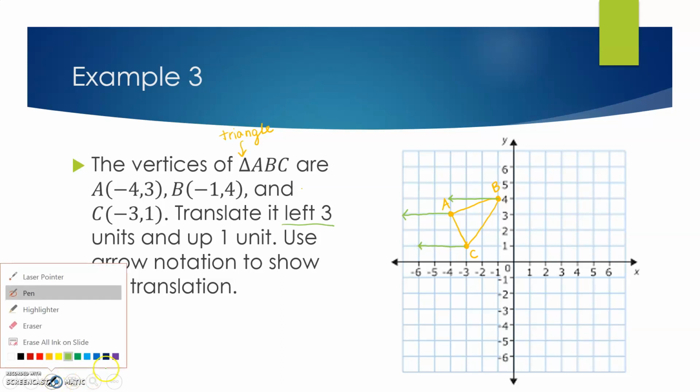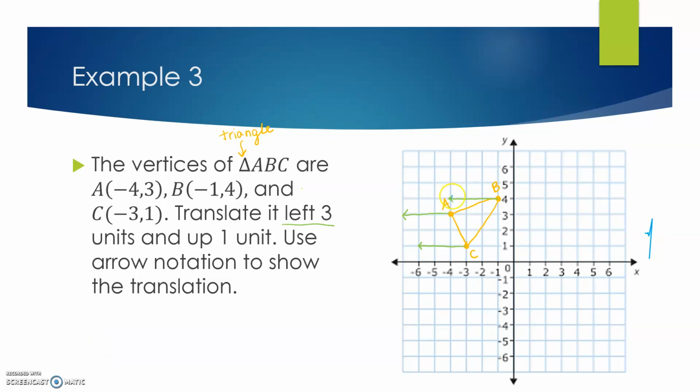And then each of those also has to go up 1. And when I put the new points in there, it's going to look like this. This point, coming from B, is B prime. This point is A prime. And this point is C prime. Connecting my dots.